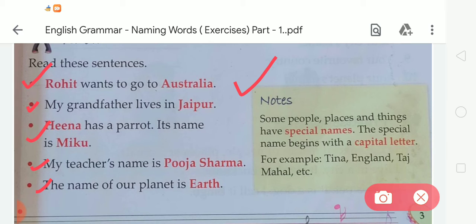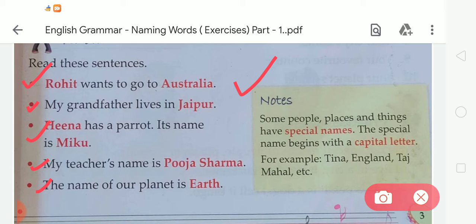The special name begins with a capital letter. Dear student, whenever you see words that begin with a capital letter and end with a full stop, that is a sentence. But in sentences there are some special names. It is very important to remember that a special name begins with a capital letter.